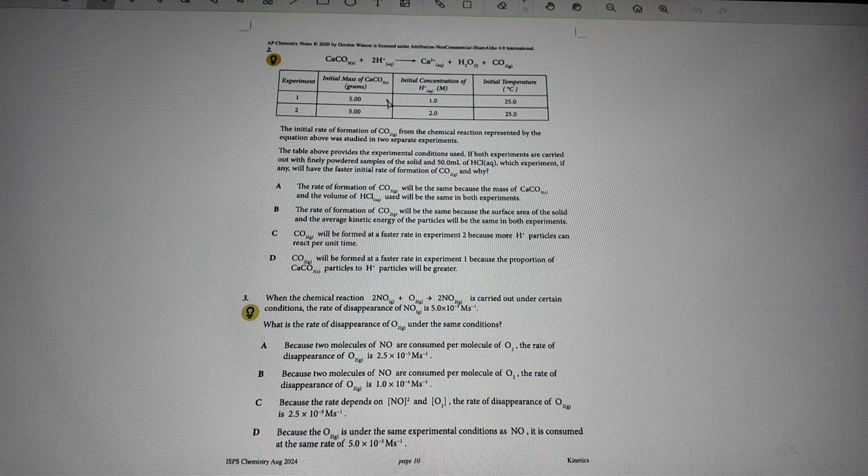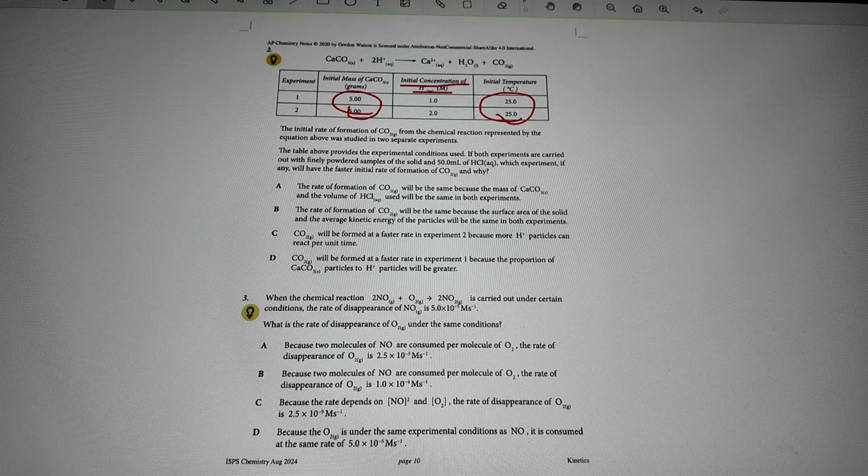They show us that originally we have 5 grams of CaCO3 in both experiments, and then they cut the concentration of hydrogen in half, and then the temperature stays the same. So those are important things. This stays the same. This stays the same. And what changes is the concentration of H plus.